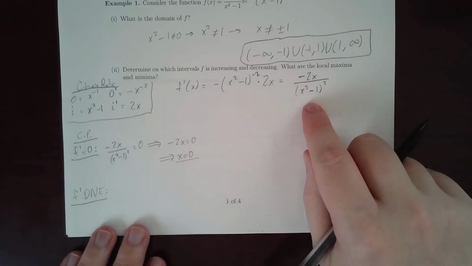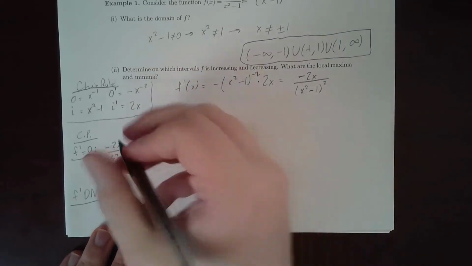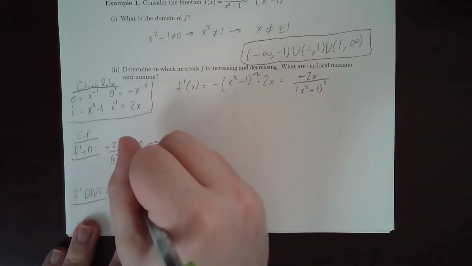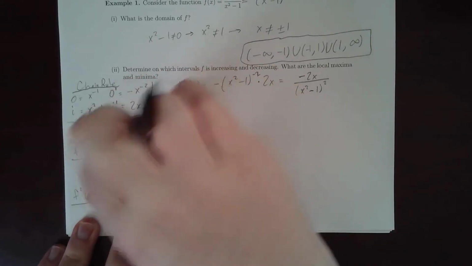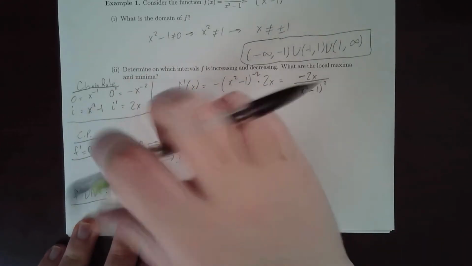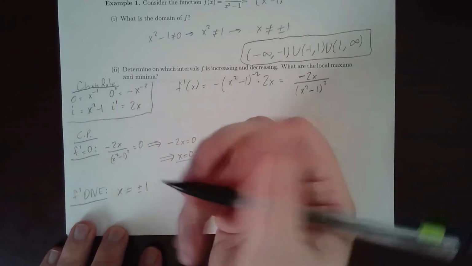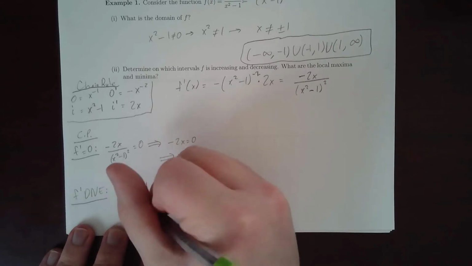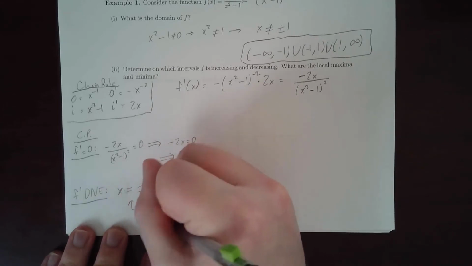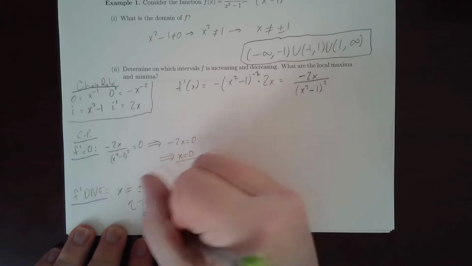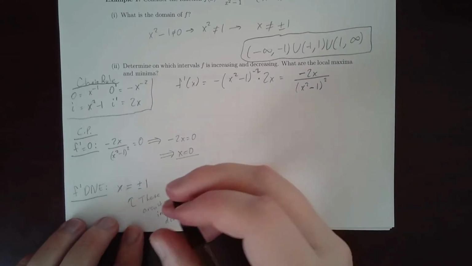And if we notice here at the denominator, we're going to have a very similar issue that we had before, where x cannot equal positive or negative 1, or rather, when x equals plus or minus 1, those are the places where the derivative does not exist. But notice that these aren't in the domain anyway. So they're not critical points.